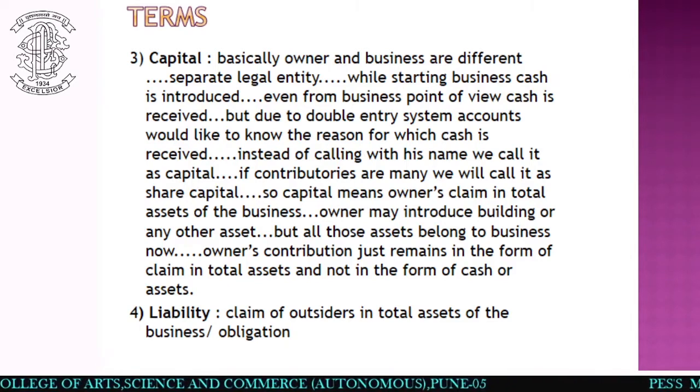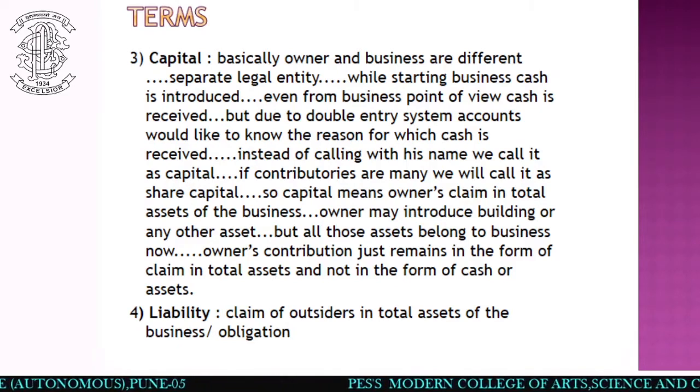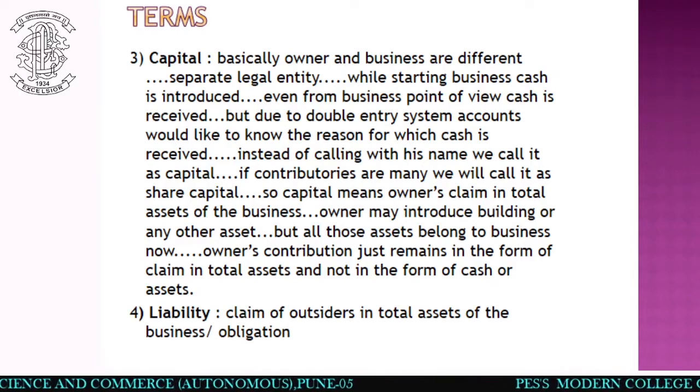So while starting business, suppose cash is introduced. From the point of view of business also cash is received. But for the double entry system, we are using the name of the contributory, that is capital. So capital means owner's claim in total assets of the business. It is just his claim in the total assets of the business.